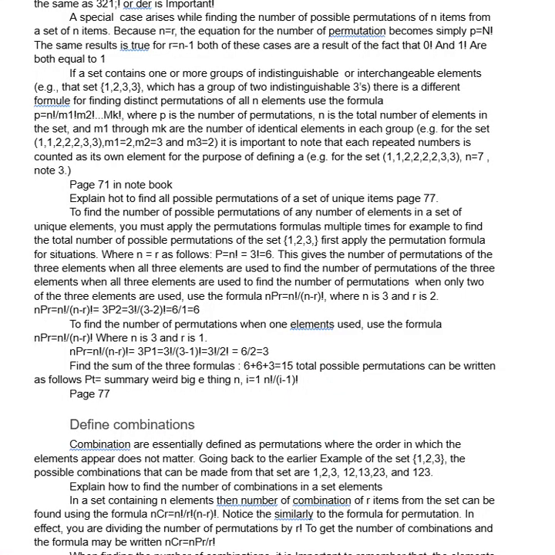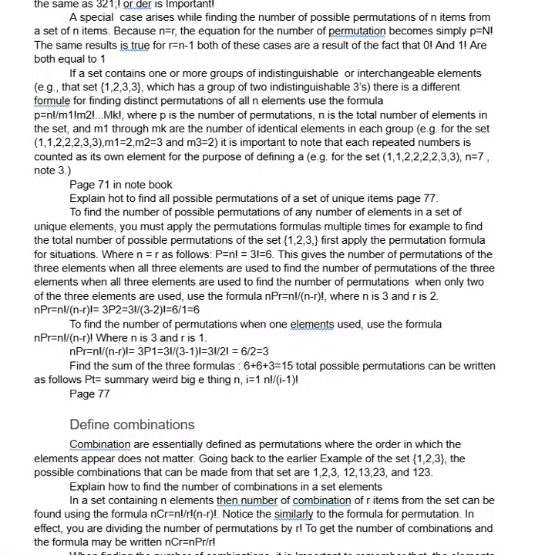To find the number of permutations when one element is used, use the formula nPr equals n factorial over (n minus r) factorial, when n is 3 and r is 1. 3P1 equals 3 factorial in the numerator over the denominator 3 minus 1, which equals 2 factorial.